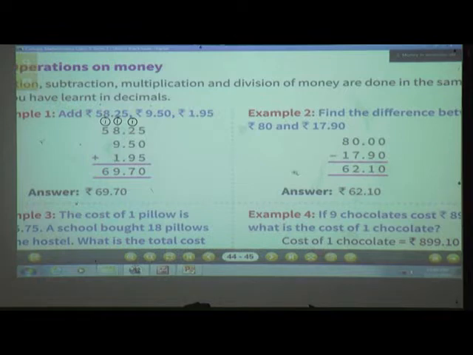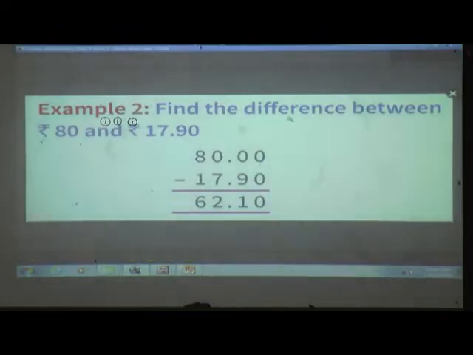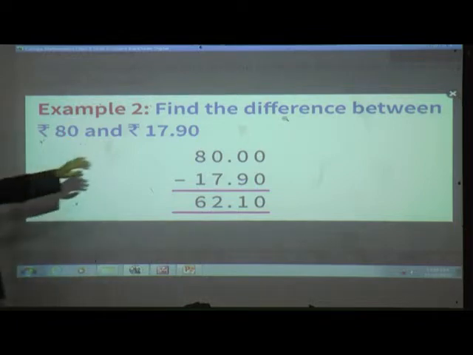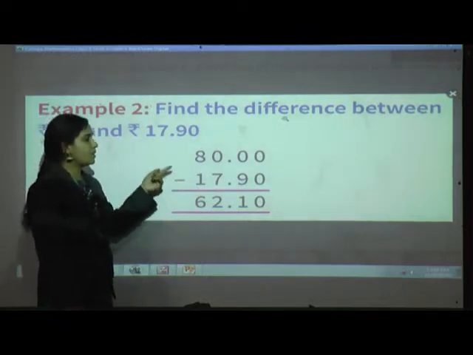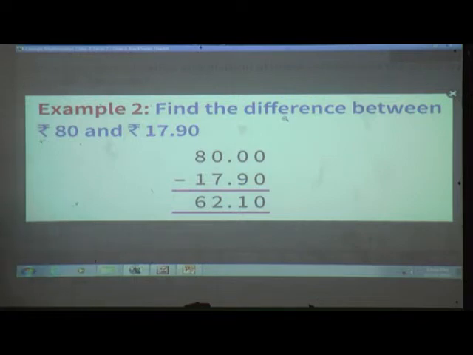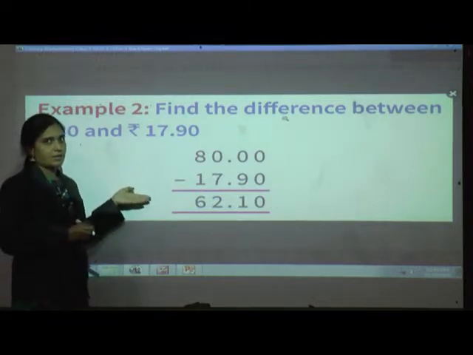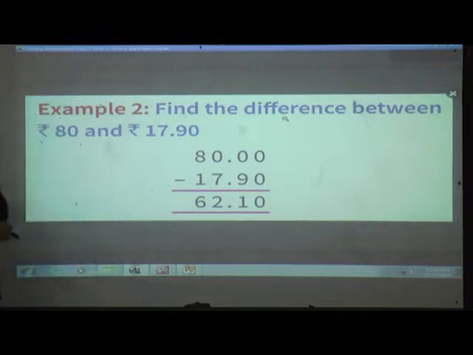Now we will see subtraction. Find the difference between rupees 80 and rupees 17.90. So students, write the sum in this way. Now there is a difference between the subtraction sums we solved in the previous class and here in the money lesson. So what is the difference, students?